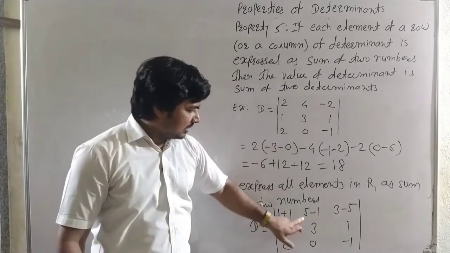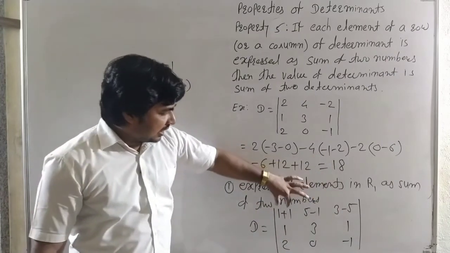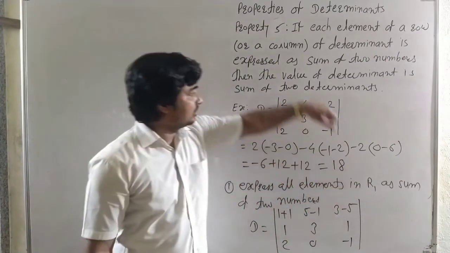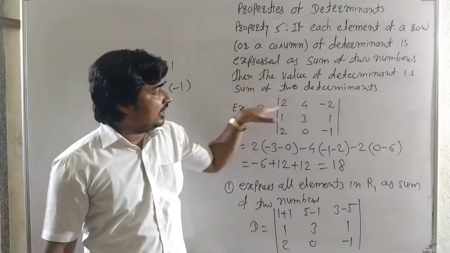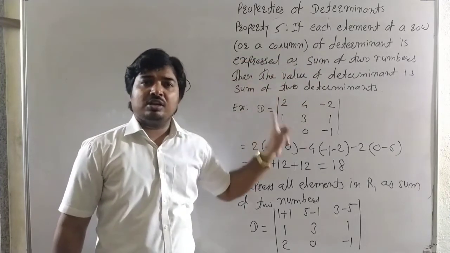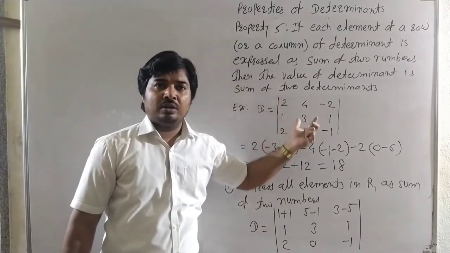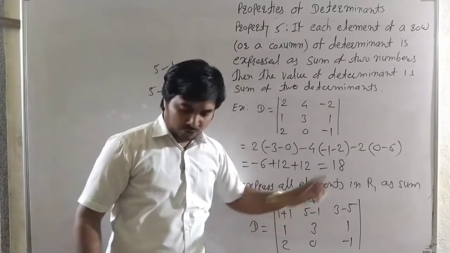Here the calculation of these three terms becomes row 1. That means we express all elements in row 1 as the sum of two numbers.